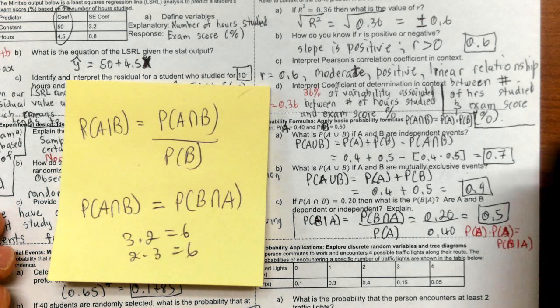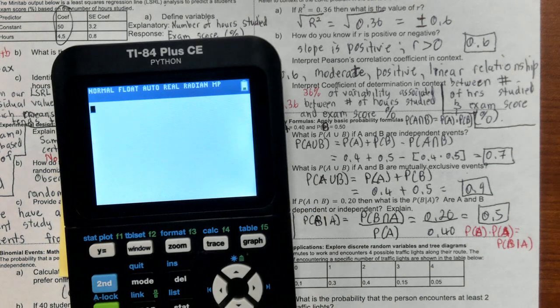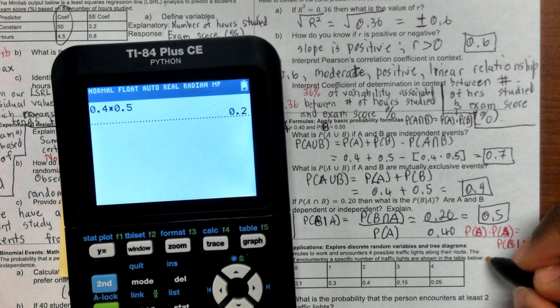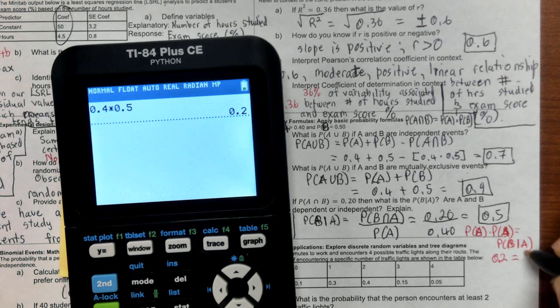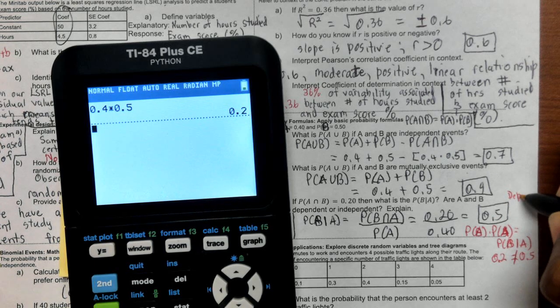So if I multiply 0.4 times 0.5, I get 0.2. Is 0.2 equal to the given, which is 0.5? No. So because they're not equal to each other, it's dependent, all right?